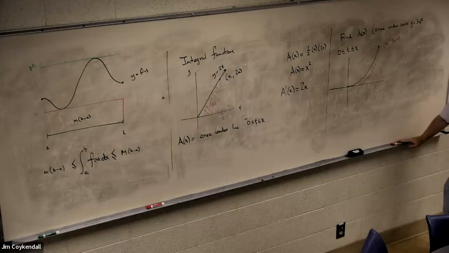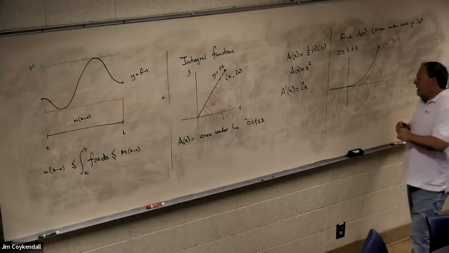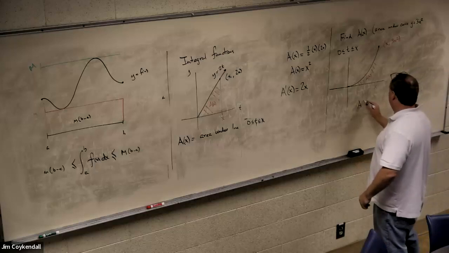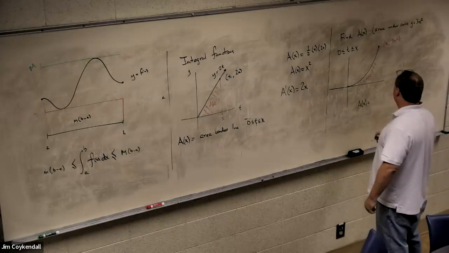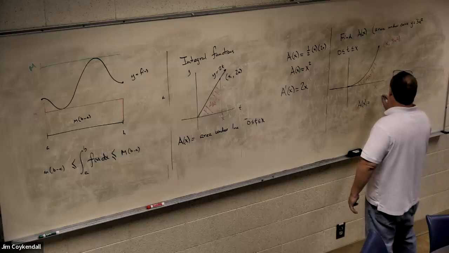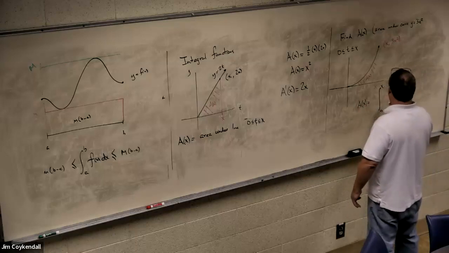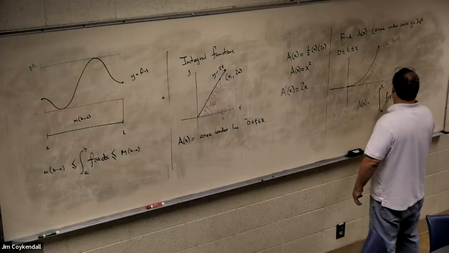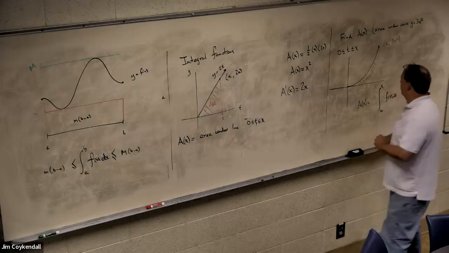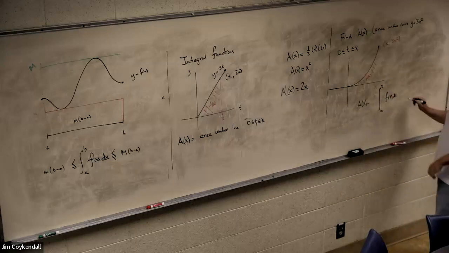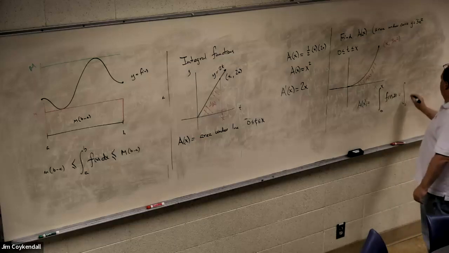Everybody agree with that? Now, A(x), this is why I call it an integral function. What is this really? Which is, in our case, my function is 3t squared.